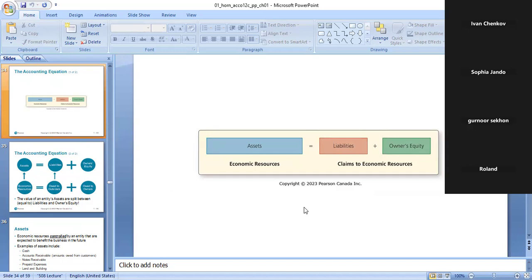In other terms, everything that the company has, let's move it to the company level, either belongs to the outside creditors or belongs to the owners. So economic resources in the company come from 2 sources: either from the owners of the company as equity, or from outsiders in the form of liability.